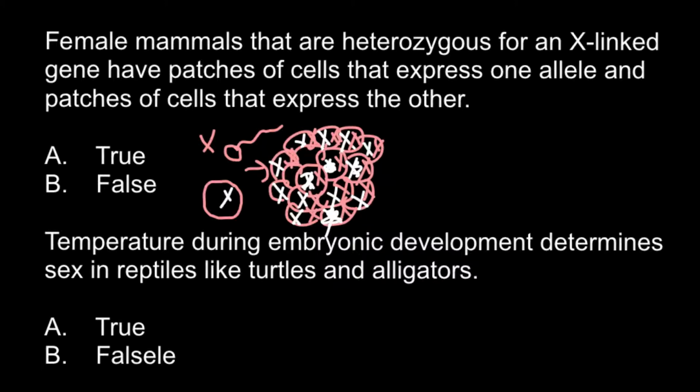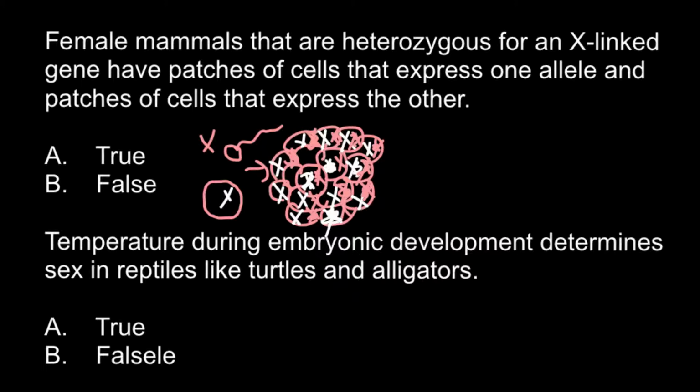According to this picture, in some cells maternal X chromosome would be inactivated, but in other cells paternal X chromosome would be inactivated and would form a bar body. And this is a totally random process.